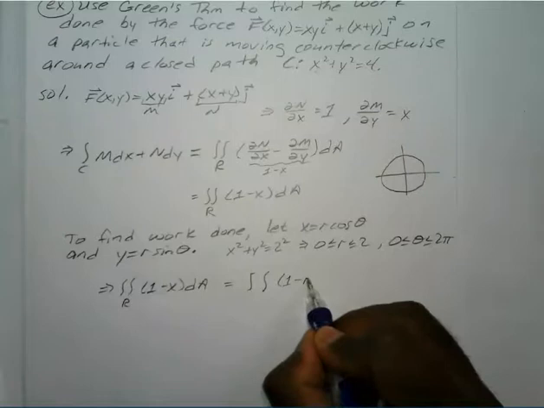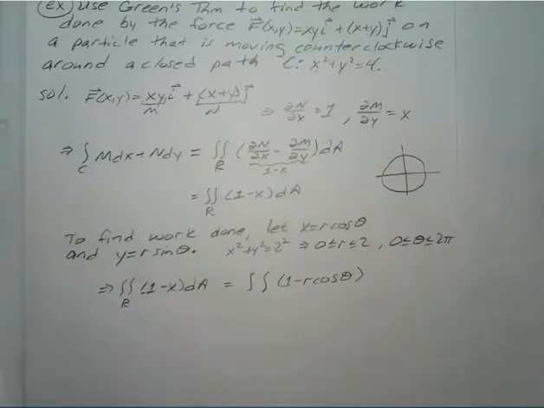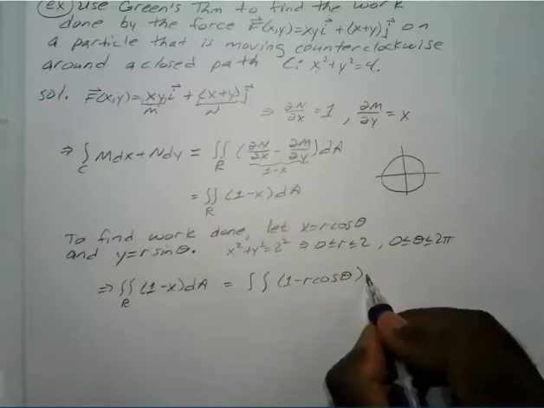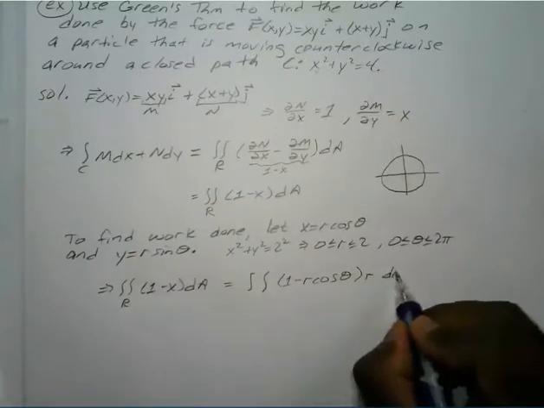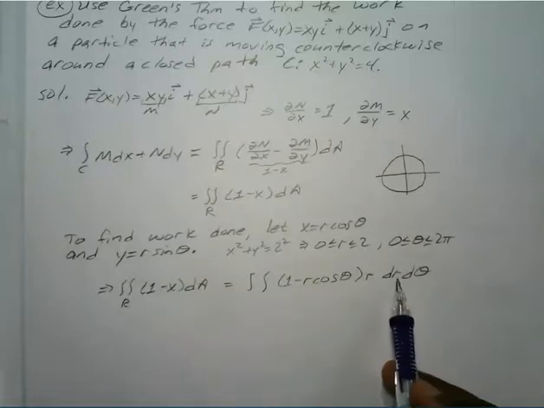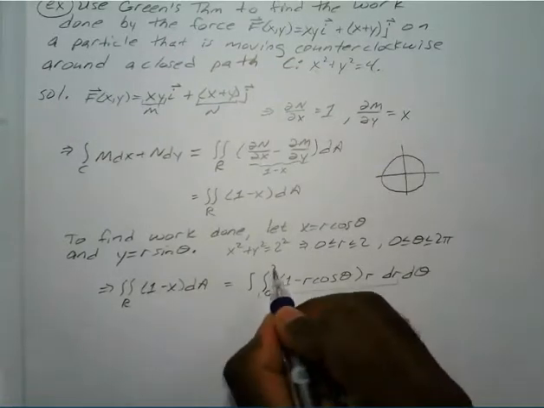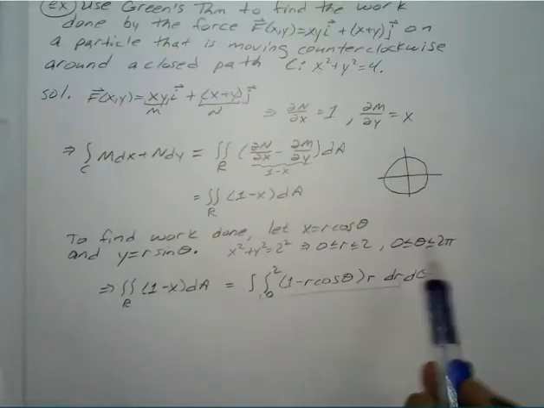So 1 minus r cosine theta. Okay, so you have the f of r theta times r dr d theta. With respect to r, our radius is from 0 to 2, and our theta is from 0 to 2 pi.